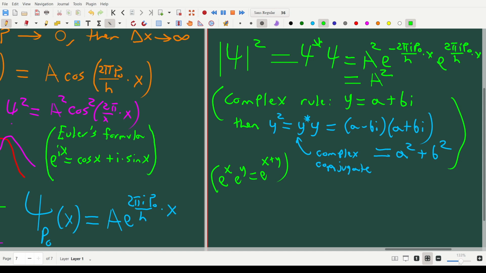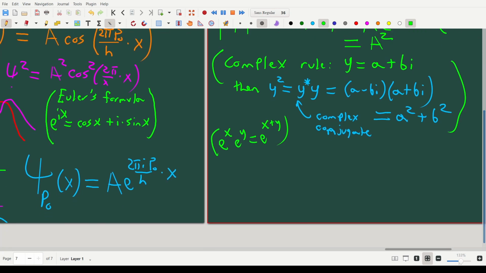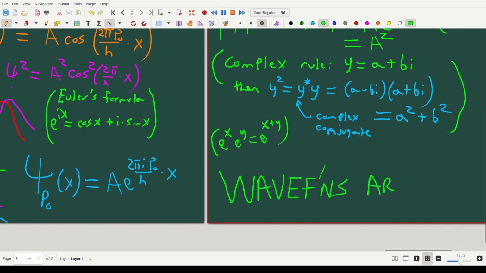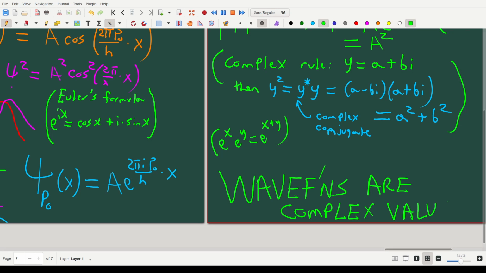Therefore, this is the big take-home message. Wave functions are complex valued. This is why I hate when people call them imaginary numbers, because they're not imaginary. They actually describe reality.